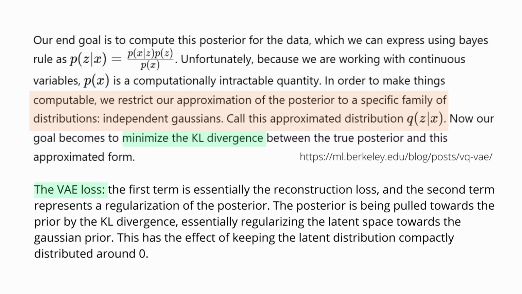In order to make things feasible for us, so that we can simulate it, that we can compute it in a limited amount of time, we restrict our approximation of the posterior to a specific family of distributions. And it is, of course, the easiest, the independent Gaussian distribution. And now we call this approximated distribution, where we have limited all our solutions, q(z|x).